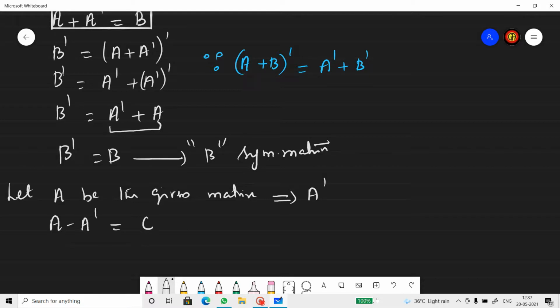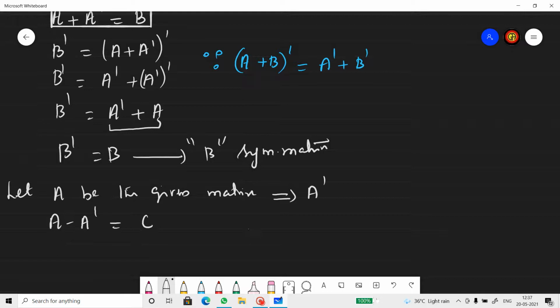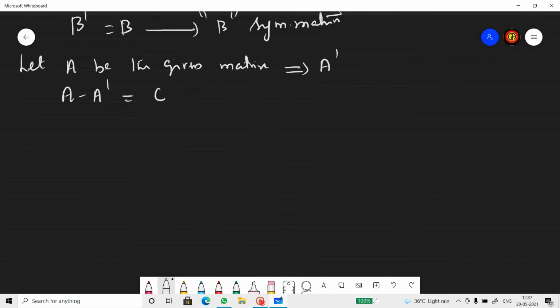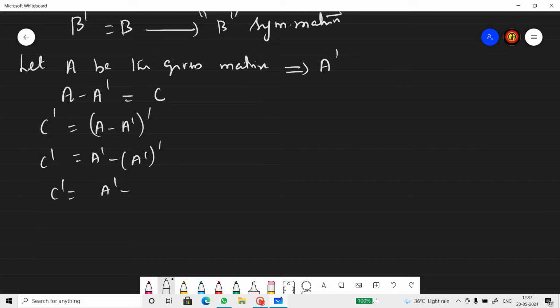So let A minus A transpose be the C matrix. Now let's do the transpose of C. Transpose of C is equal to A minus A transpose, the whole transpose, which is nothing but A transpose minus A transpose, the whole transpose. So C transpose is A transpose minus A.